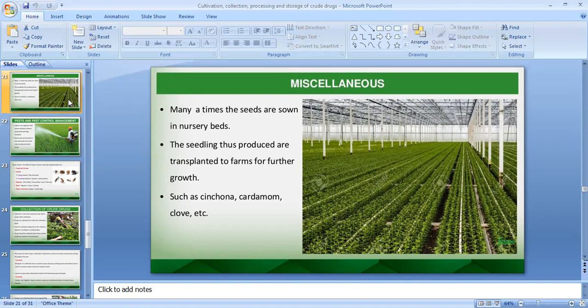Third point, such as cinchona, cardamom, and clove, etc. The picture is showing nursery beds.